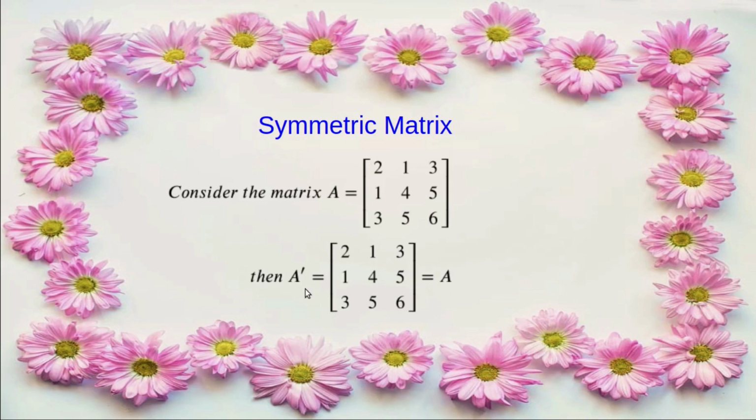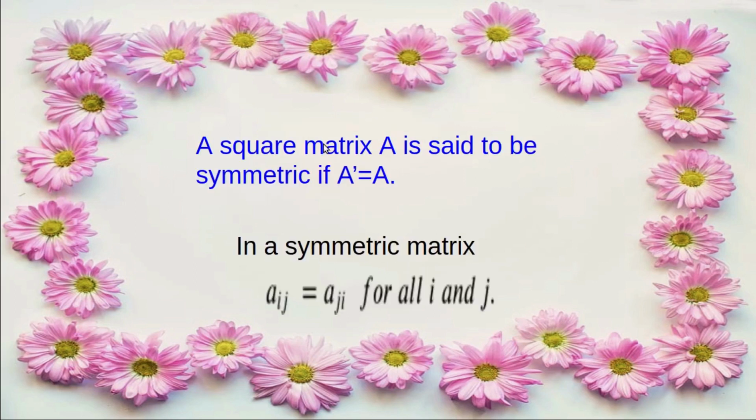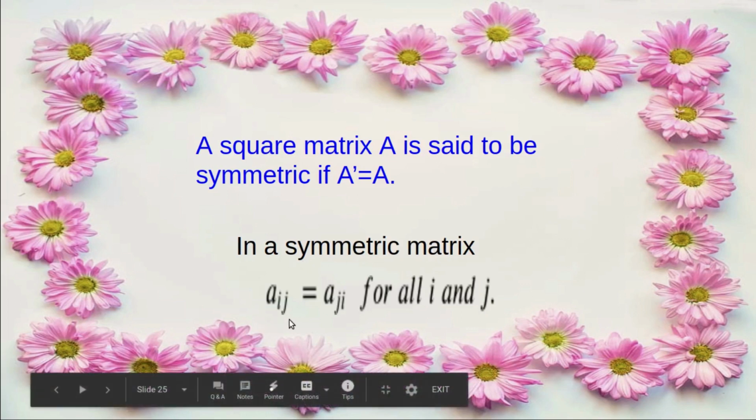That is, in this case, A transpose is equal to A. Such matrices are known as symmetric matrices. A square matrix A is said to be symmetric if A transpose equals A. In a symmetric matrix, Aij equals Aji for all i and j.